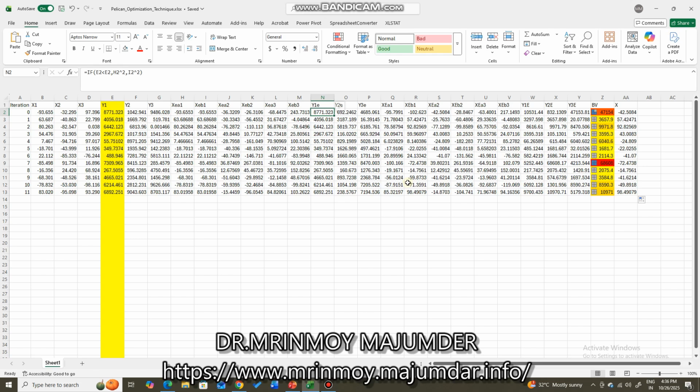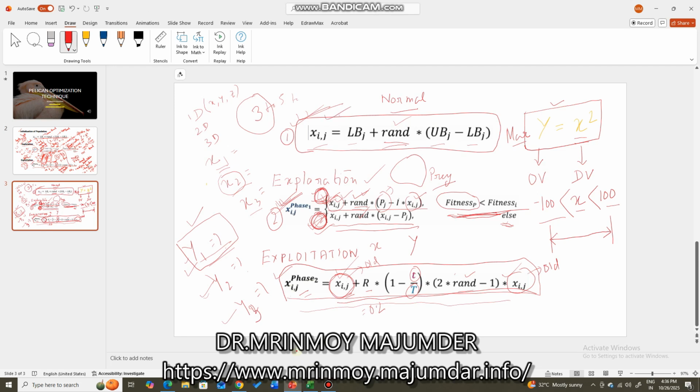Okay, but here one thing you must remember: in the exploration phase you are comparing with the y's from the random population initiated with the help of this one. But in the exploitation phase, you will compare with the y's that you found from the exploration phase, because remember we are updating the position.